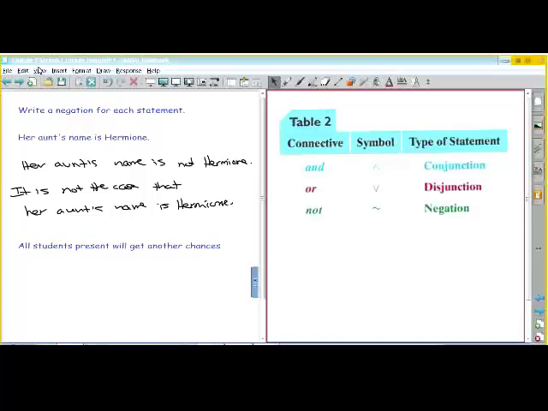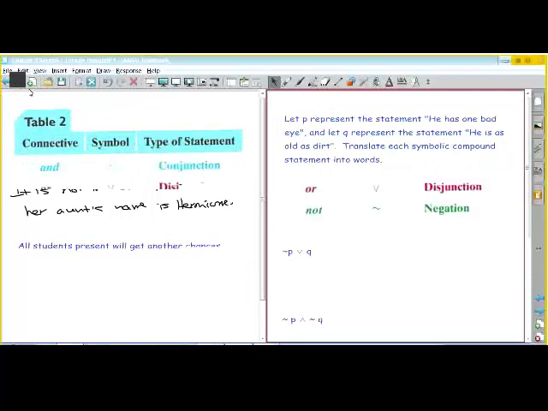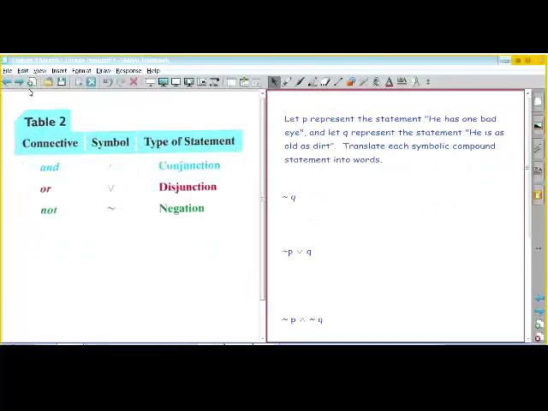So what we're going to do is use letters to represent words, and symbols to represent these logic operators. So here's a couple examples that you have to do for the first section. The first section is pretty easy. The second section gets a lot harder. So enjoy it while it's easy.